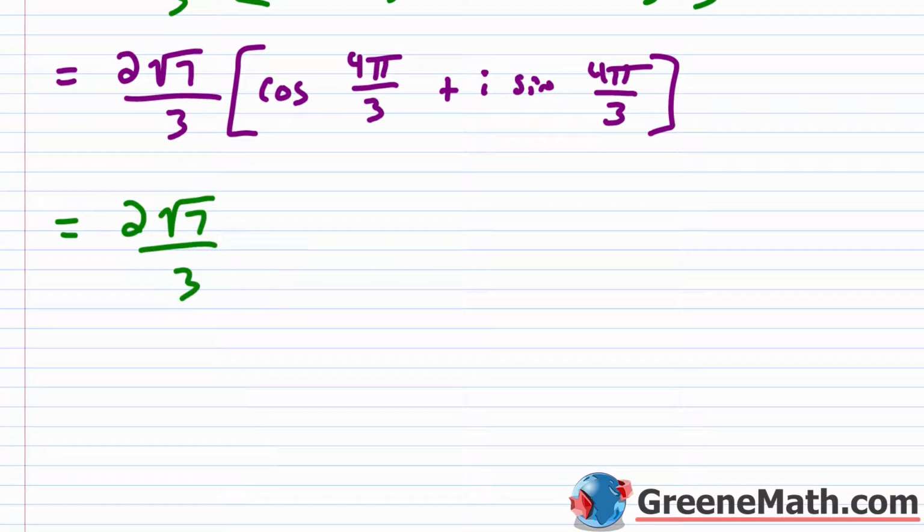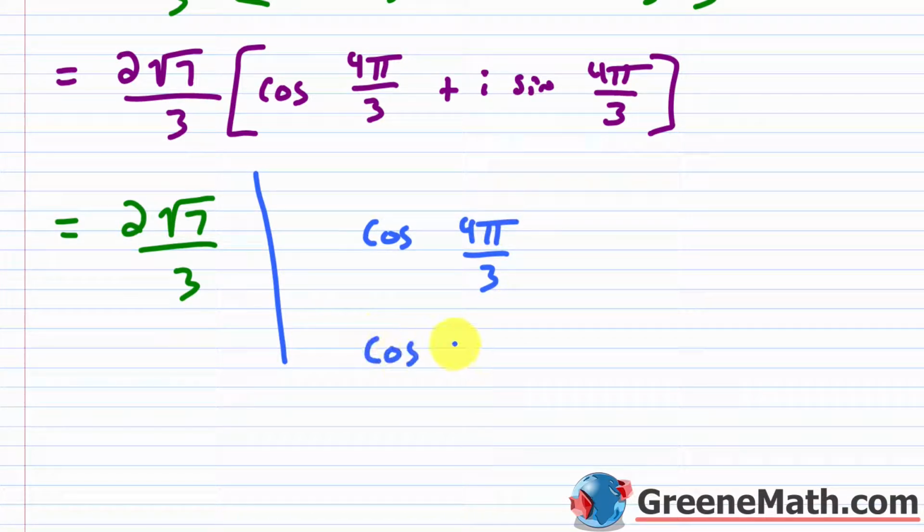We need to think about the cosine of 4 pi over 3. So this is going to be 240 degrees if you convert it into degrees. So cosine of 240 degrees, if that's easier for you. Again, it's going to have a 60-degree reference angle, or pi over 3 in terms of radians. So if you think about cosine of 60 degrees, again, it's a half, right?